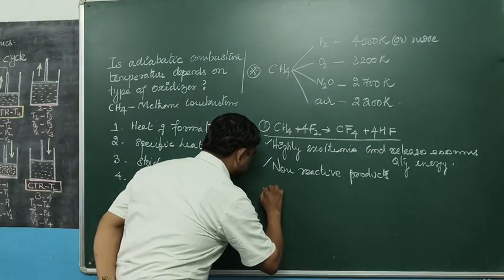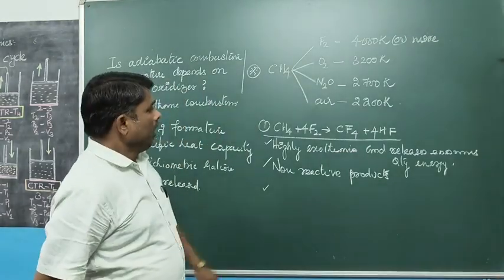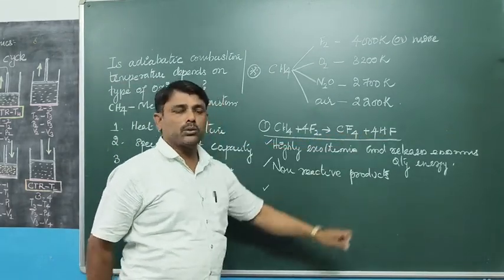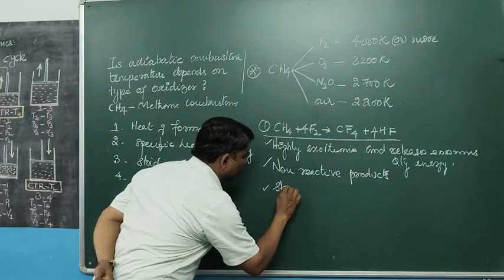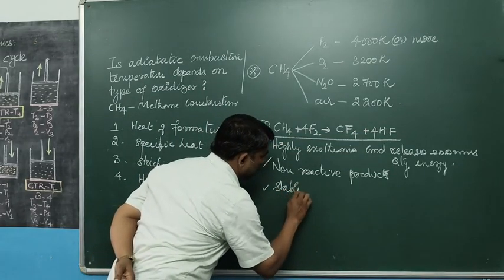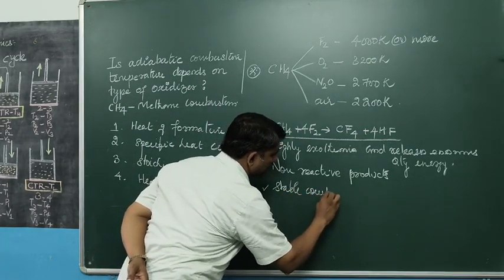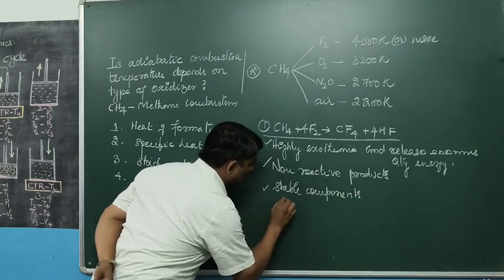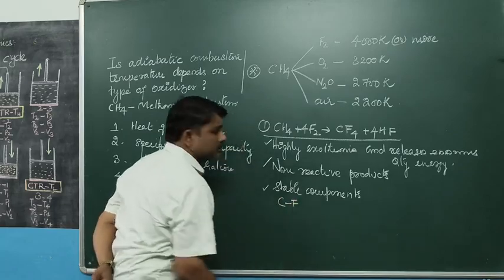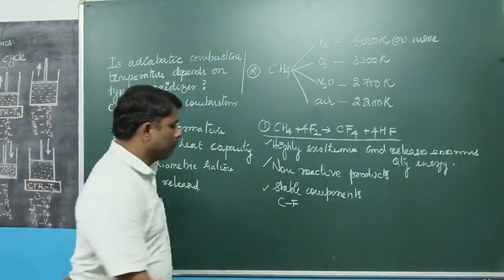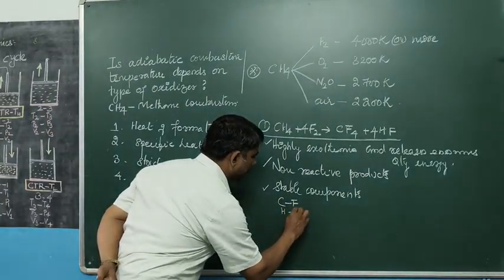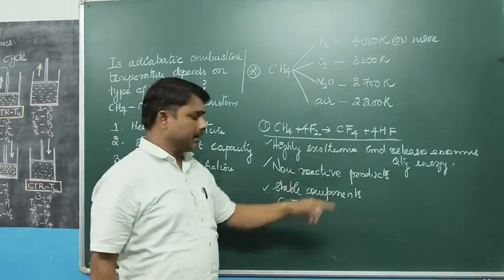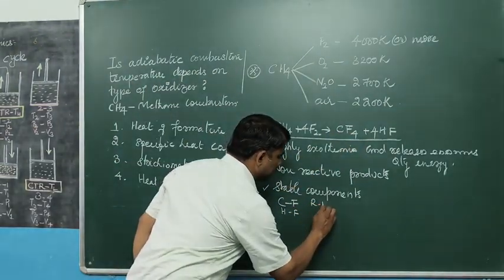Point number 3: carbon tetrafluoride and hydrogen fluoride both are stable compounds. The bond between carbon and fluorine is highly strong. Similarly, the bond between hydrogen and fluorine is highly strong. Carbon tetrafluoride is a refrigerant, called R14 gas.